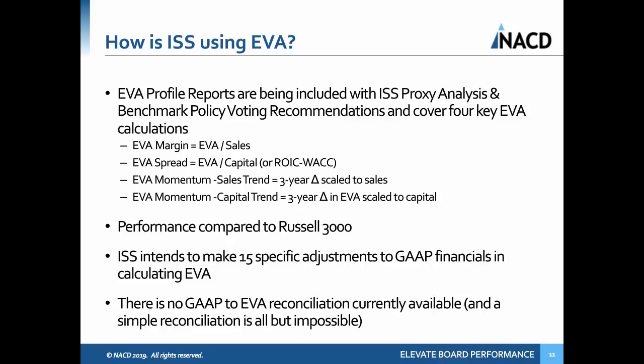It would be nice to see that with EVA, so that we can get a better understanding of precisely how GAAP reported data is being converted into EVA results. But it's virtually impossible here. Reporting and tracking EVA using these 15 adjustments would basically require a second set of books, and that's just not feasible in the work that ISS is publishing around EVA.